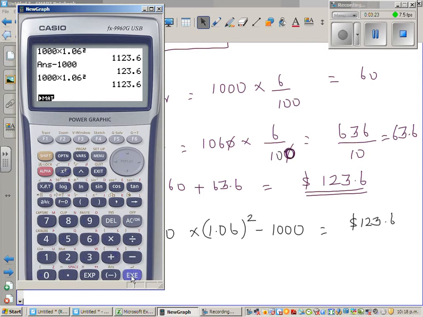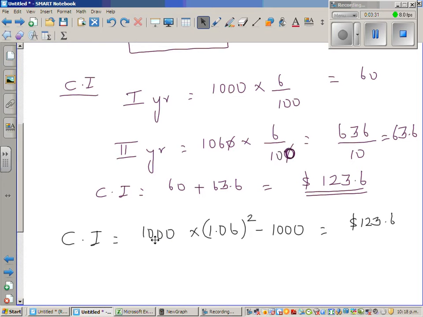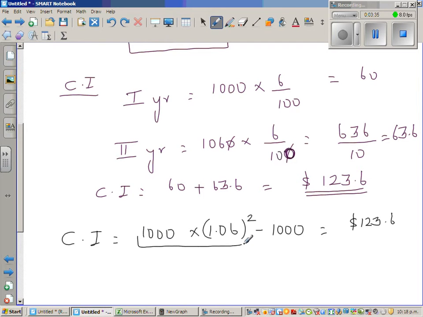This is how you do it directly. This gives you the amount, and this is the principal, so amount minus principal is compound interest.